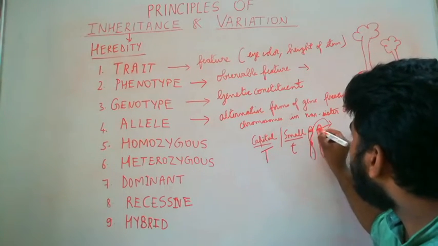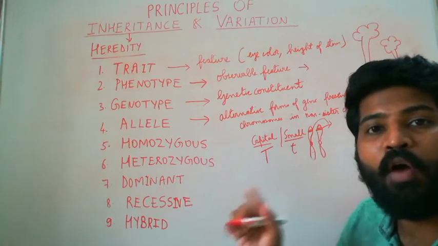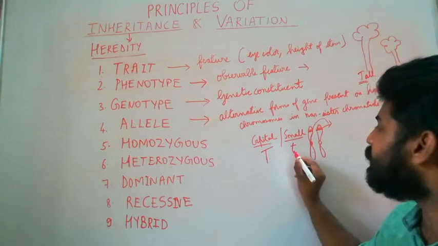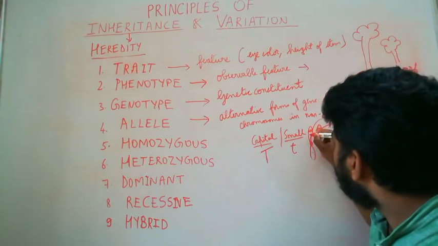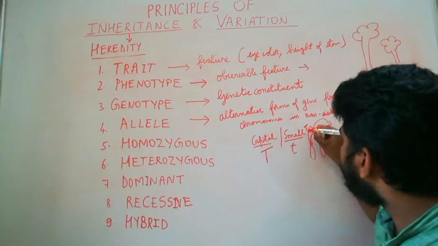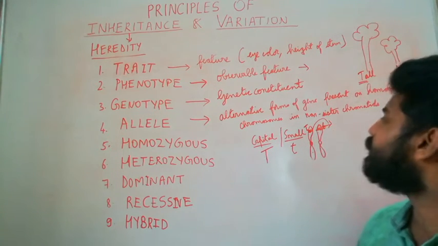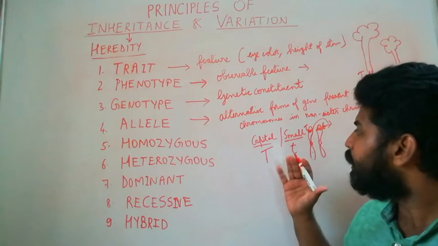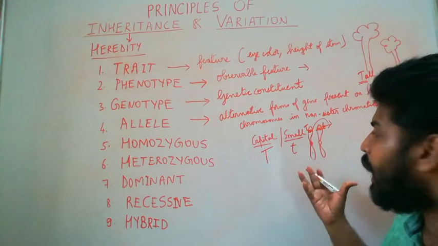Because these are alleles. These are the alternative forms of the same gene. The gene is for the height. So the tall allele will be present in this chromosome and the short allele will be present on this chromosome. So that is how we identify the alleles using alphabets.